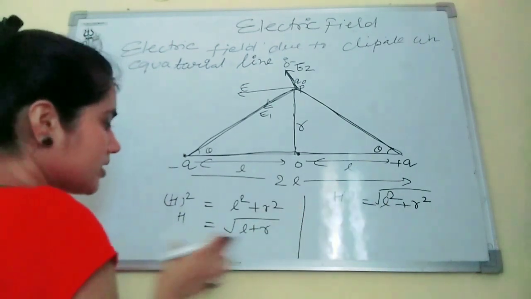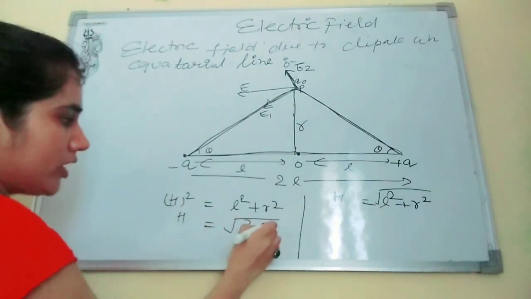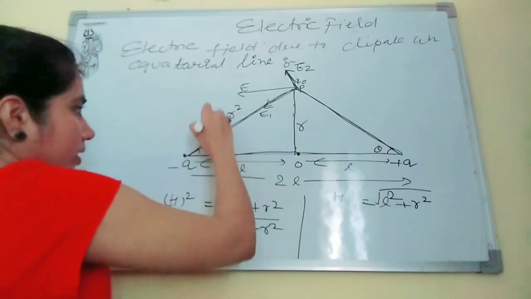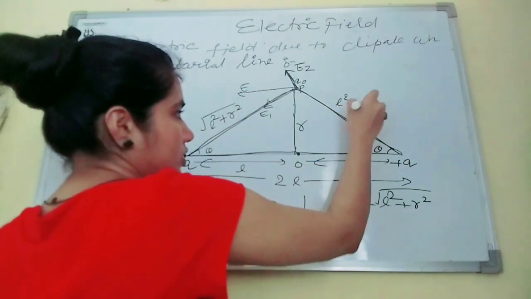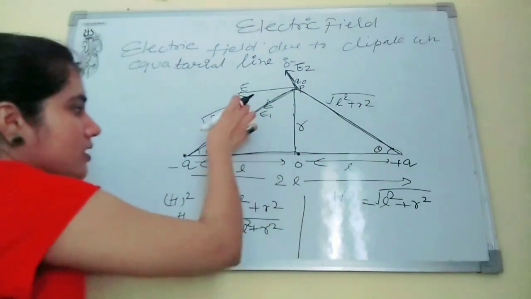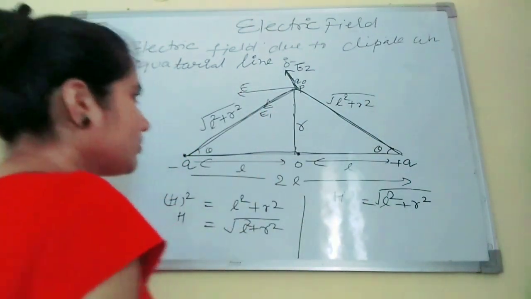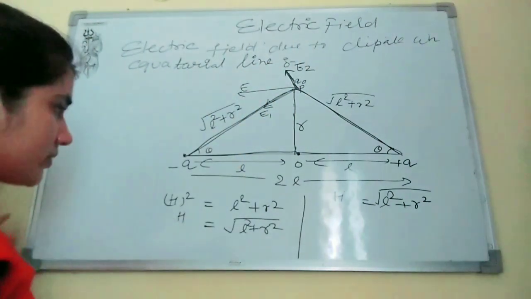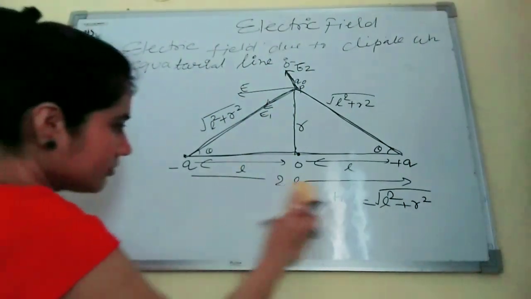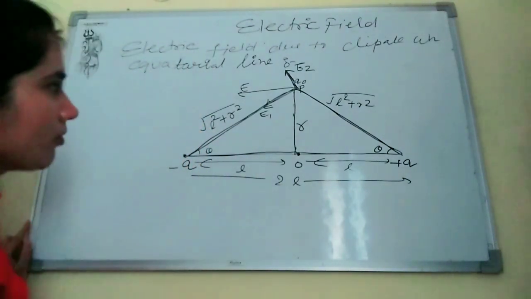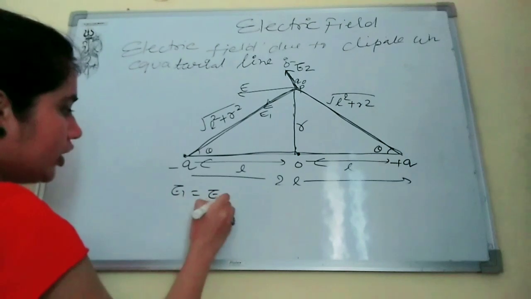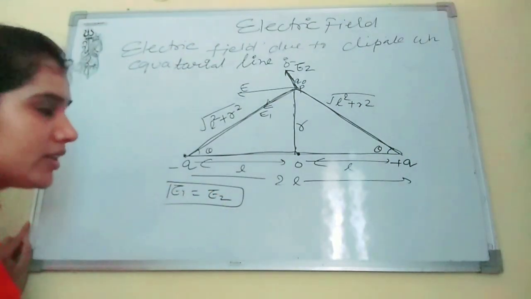So the hypotenuse is the same in both cases. This measurement is L square plus R square, and this measurement is also L square plus R square. So the distance is the same, the charges are the same, so obviously the electric field will be the same for both. E1 equals E2. Is that clear?